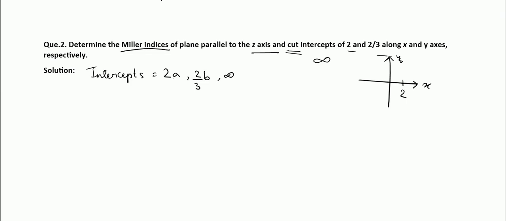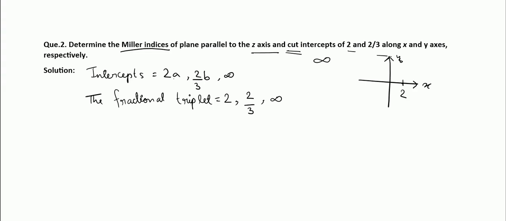So we will write infinity. Now let's take the fractional triplet. Our fractional triplet are the coefficients of the intercepts, which is 2 along the x-axis, 2 by 3 along the y-axis, and infinity along the z-axis.